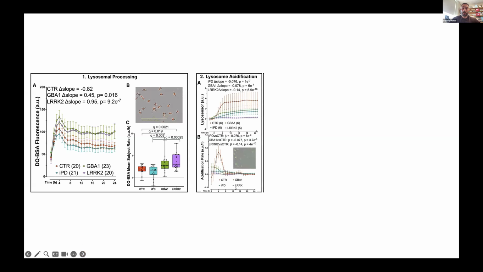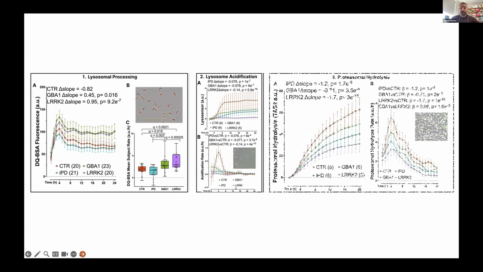I also assessed more recently lysosome acidification through LysoSensor Green, and we observed decreased acidification rates in GBA1 PD monocytes. And this was also reflected in LRRK2 PD monocytes. So it's consistent with a longer retention of DQ-BSA and higher rates of fluorescence emission over time, because if the lysosomes are not properly acidified, then lysosomal processing is slowed down.